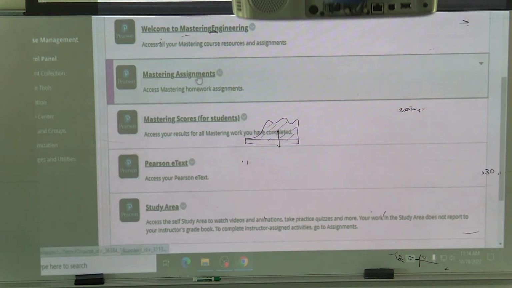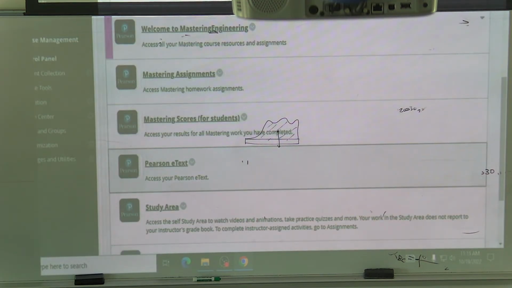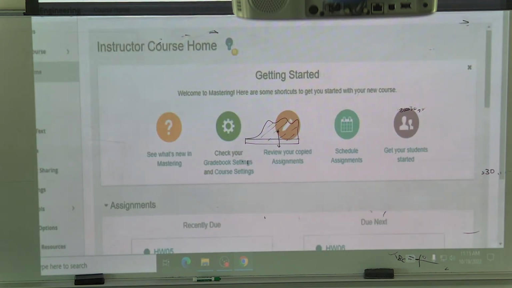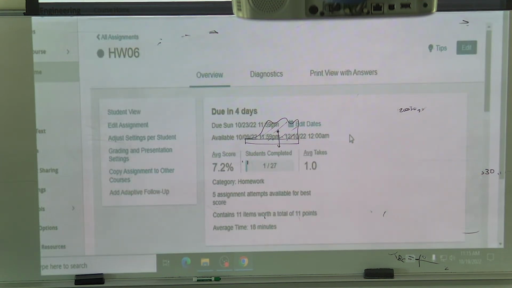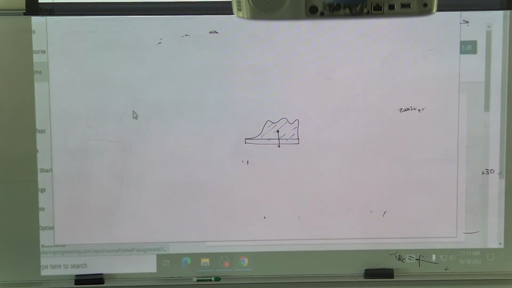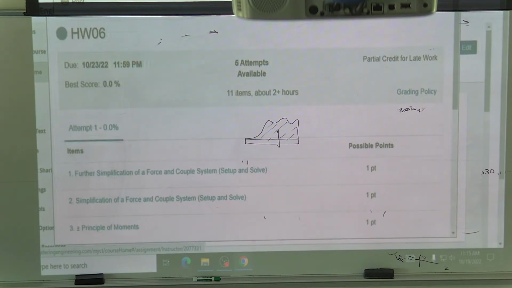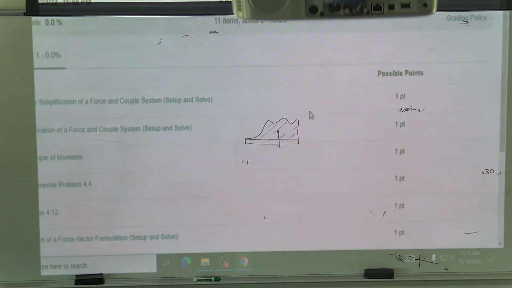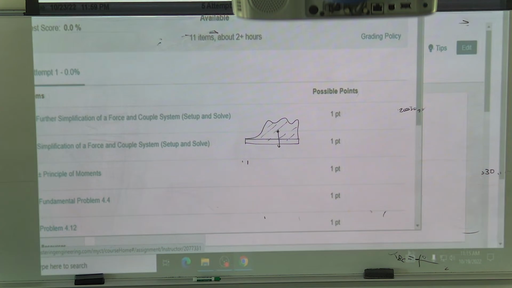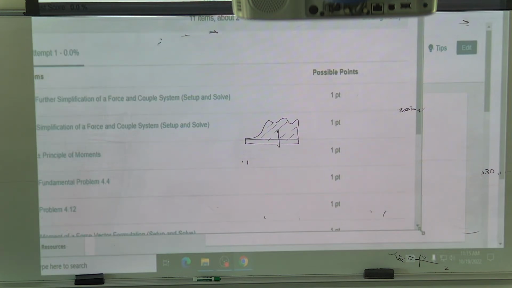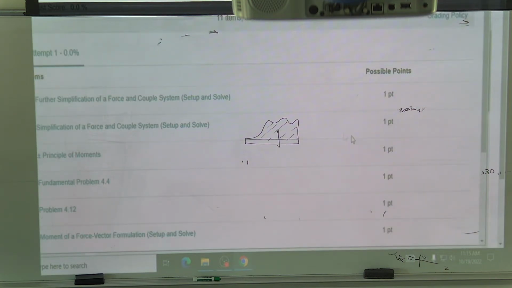Okay, is it here, or do I go here? I think, was I already there? I was already there. Okay, there's this. How do I do? Okay, is it student view? Okay, here's the student view of the thing, and for some reason it clips part of it on the overhead. So let me line it up. Okay, wait a minute.